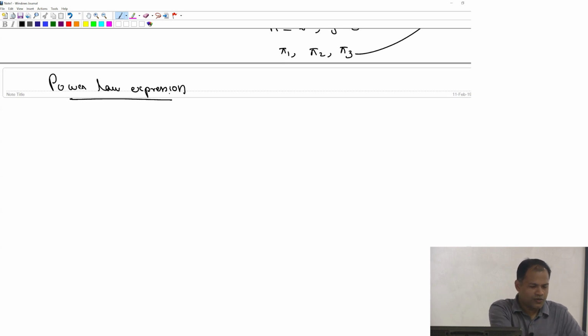Okay. So is this always going to be the case? Can we always write the dimensions as a power law expression? And we are going to prove that yes, it is possible, and therefore all the things that we have said so far will continue to hold for any problem that you pick up. Is the objective clear? Okay.